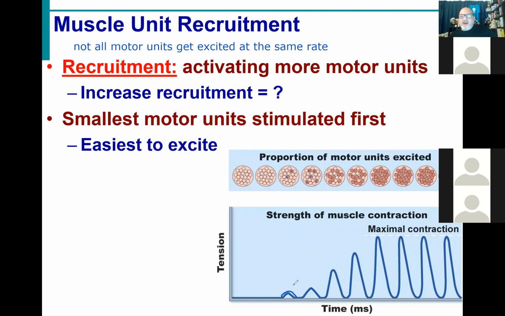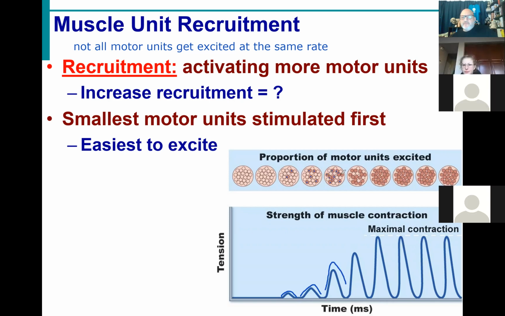I now have 5 muscle cells firing, and I generate some more tension. Notice if that's not enough, there's that one, there's that one, there's that one, there and there. Then I can stimulate the next motor unit. Notice this one has 4 muscle cells in it, or 5. And I get more tension.